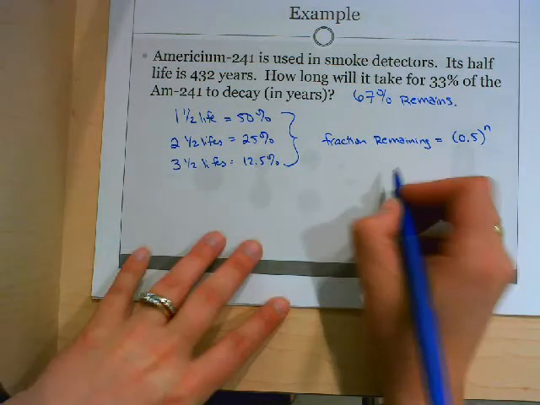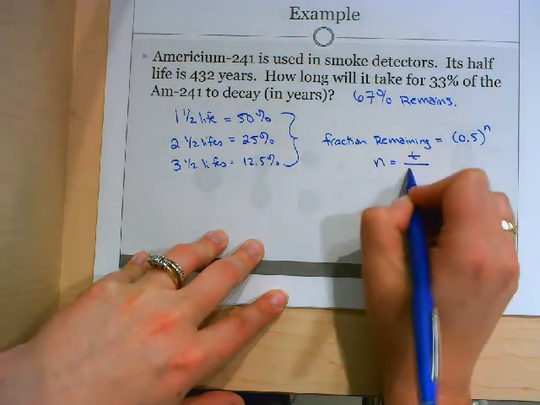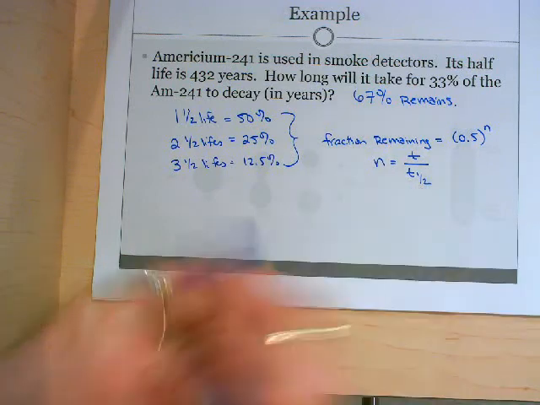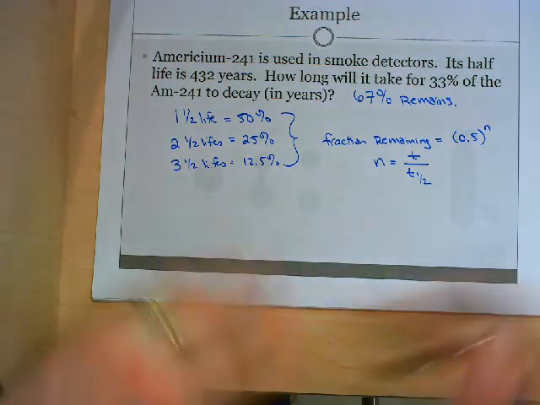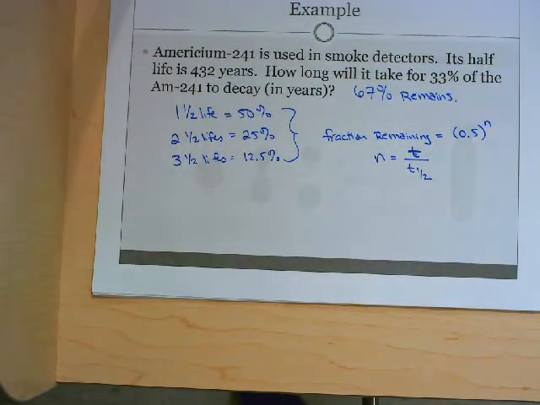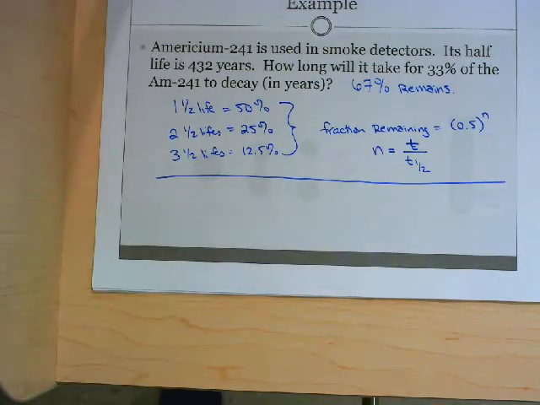Right, so the n is our relationship of how far away from the half-life we are: t over t half. Alright, so let's work on solving the problem then.